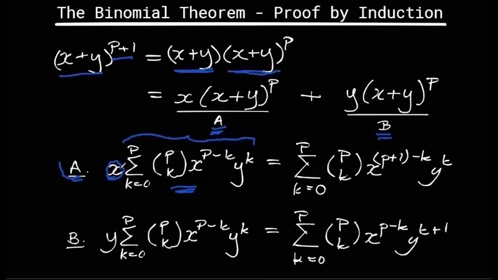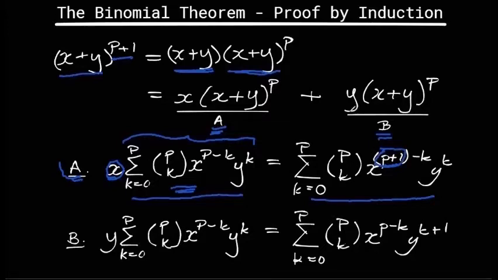Now, when I multiply each term by this x, we're going to have the exact same polynomial, except x will be incremented by 1 because we've multiplied each term by x. So this on the right is identical to this on the left, except we've added 1 to the x exponent.